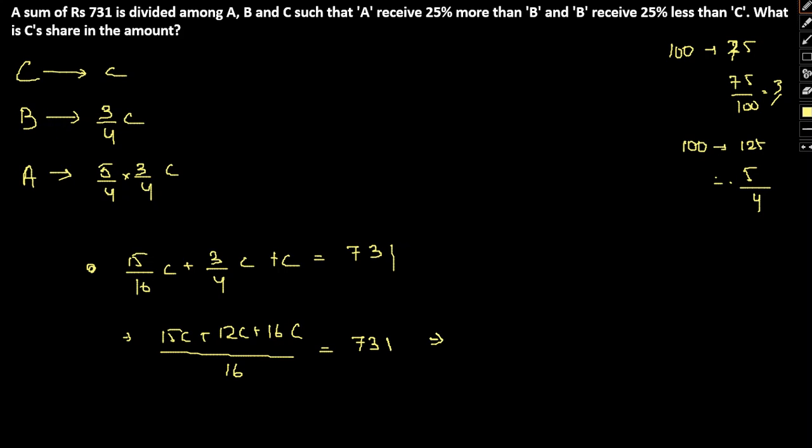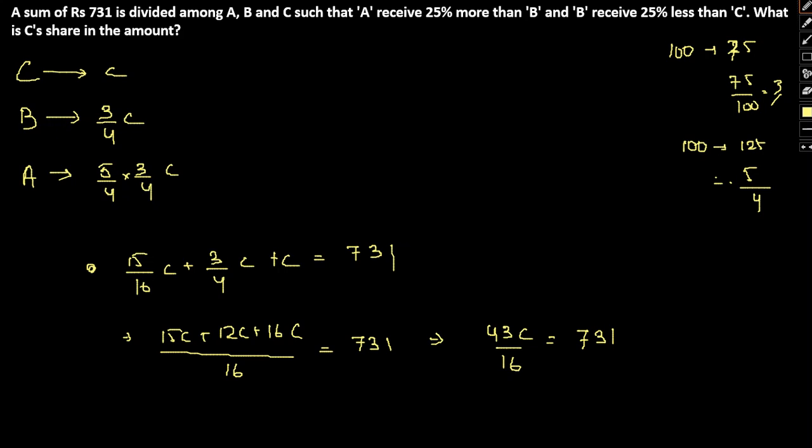Solving this, we have 43C by 16 equal to 731.